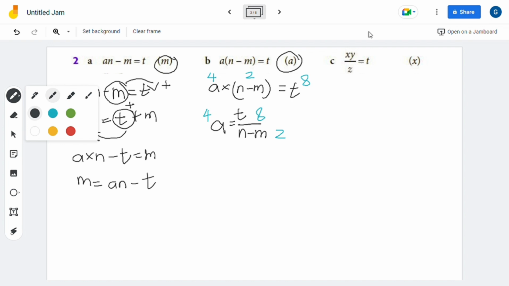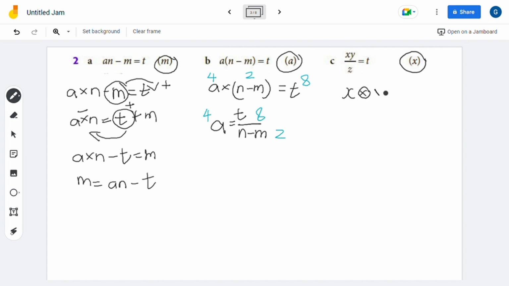Okay, moving on to the next question. X, y over z equals t, and we need to make x the subject of the formula. So basically x times y divided by z will equal to t. We can start by shifting z to the other side. Here z is used as a division, so after shifting it to the other side, it will become the opposite, which is multiply.